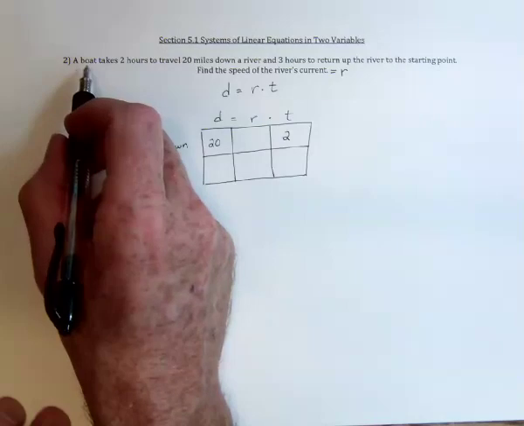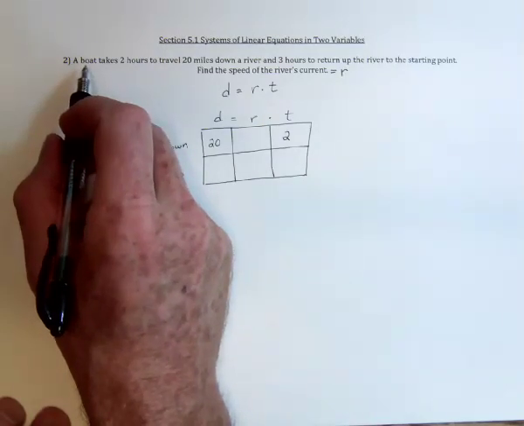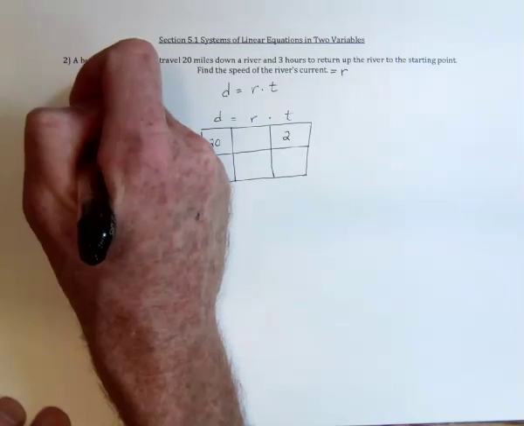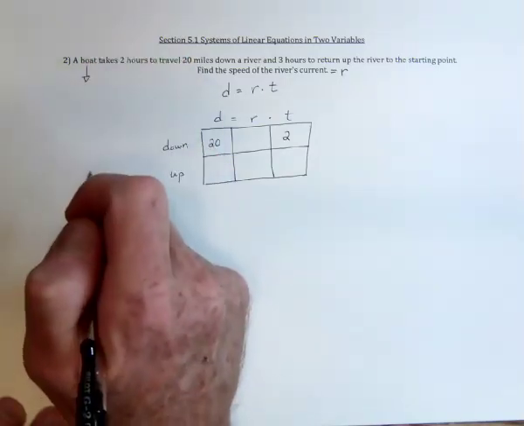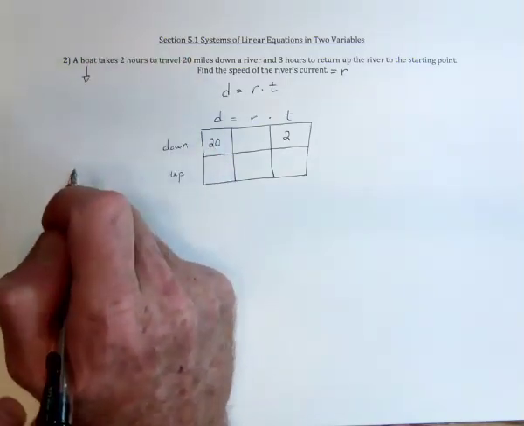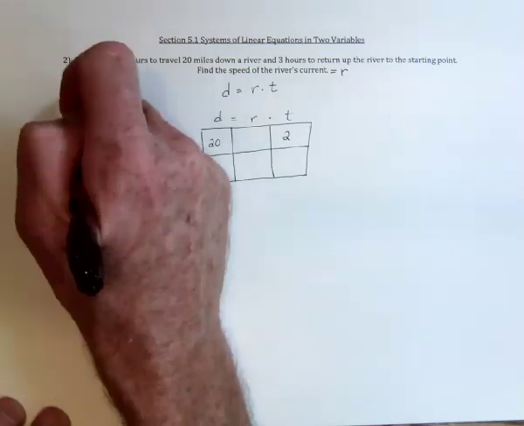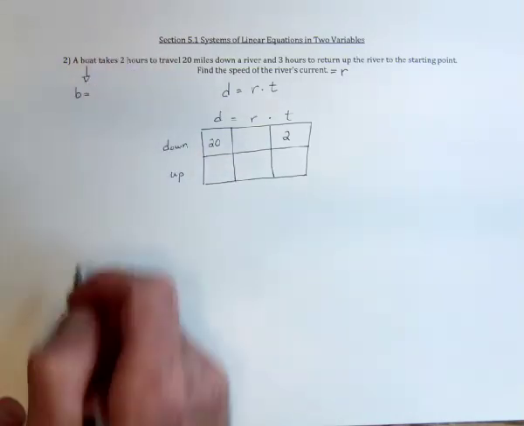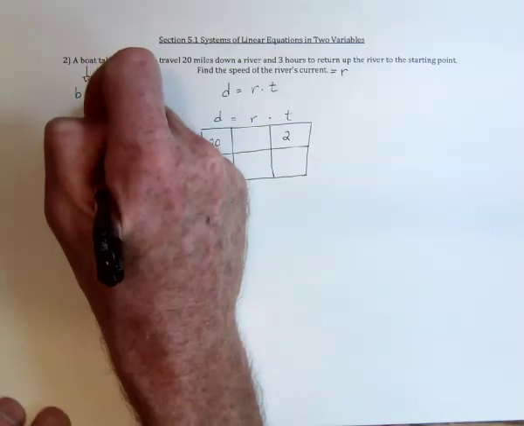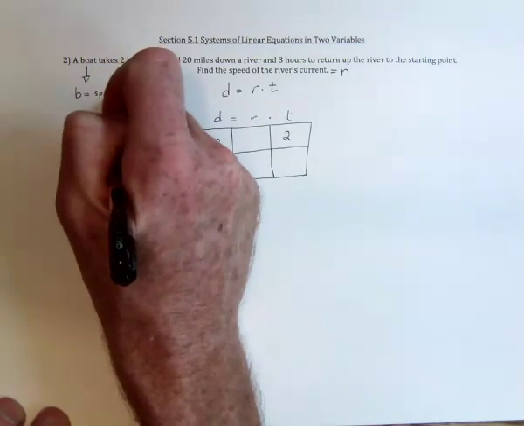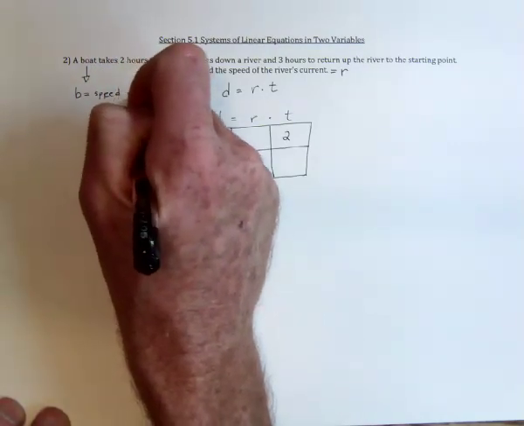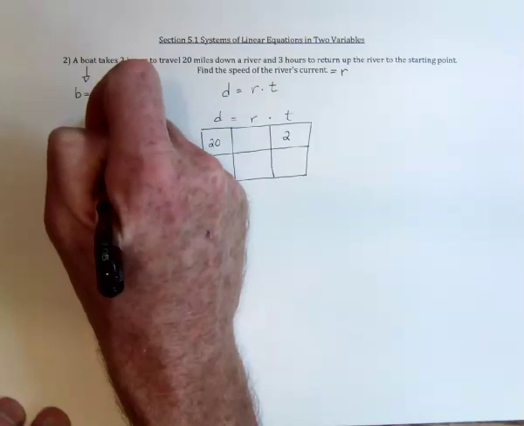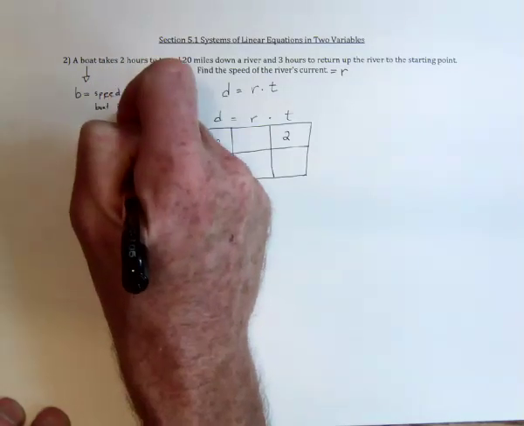But the boat itself has a speed. If it was on a lake and had no current to battle against or to have the current help it, then it would have its own speed, which we'll call B. So this is the speed of the boat in still water.